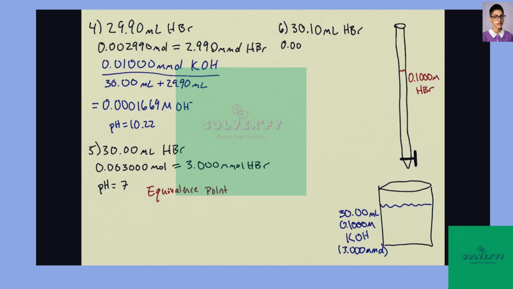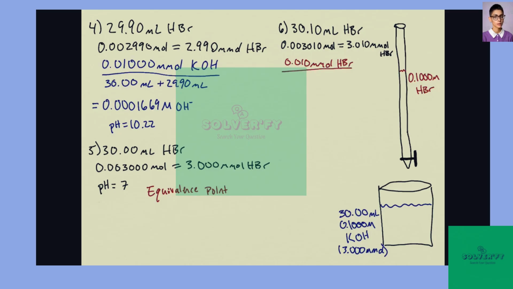We have 0.00301 moles, which is 3.01 millimoles of HBr. This will neutralize all of the 3 millimoles of KOH, but we will still have 0.01 millimoles of HBr remaining.